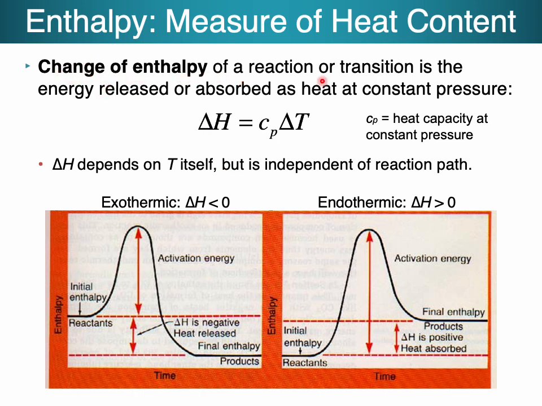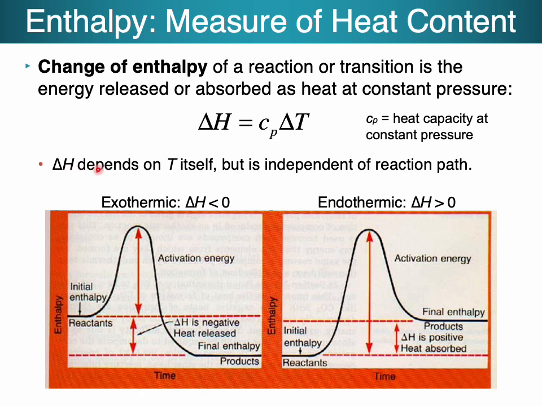Change of enthalpy of a reaction or transition is the energy released or absorbed as heat at constant pressure. At constant pressure is a very important criterion here because most reactions happening in the environment are under constant pressure. So here, delta H, the change of enthalpy, is equal to the change in temperature multiplied by a heat capacity at constant pressure.